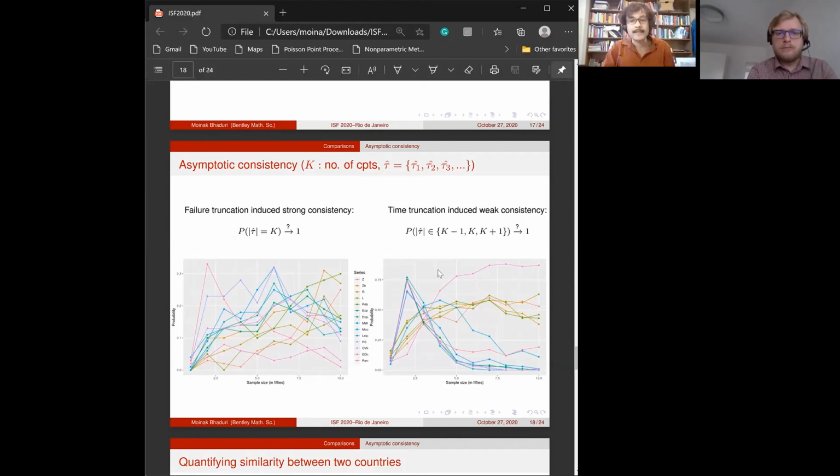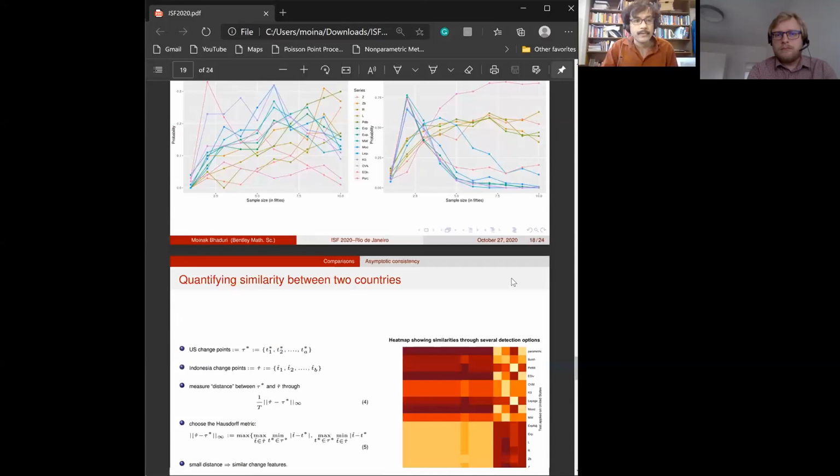So this demonstrates that if you stick with our proposal, then if you wait sufficiently long, either in terms of data or in terms of actual clock time, you will ultimately pick the right number of change points. You won't overcount or undercount.